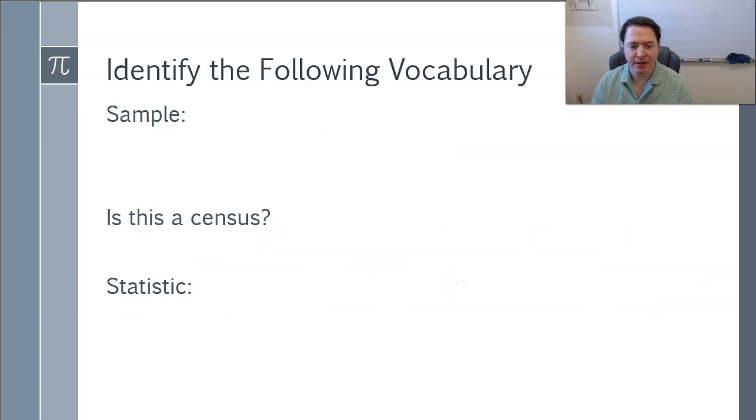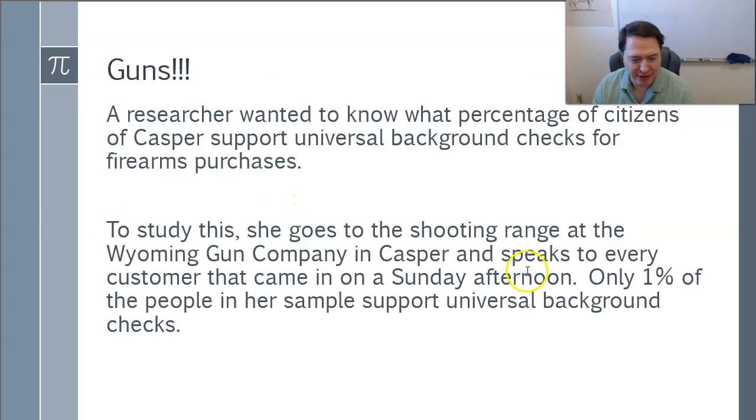Okay, so is this a census? Well, no, right? I mean, kind of, but not. It depends on what we're trying to actually do. To answer that question, I need to answer what the population is, right? Because a census is where my sample is the entire population.